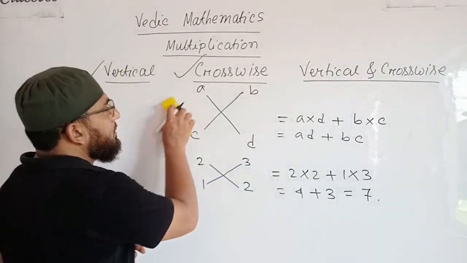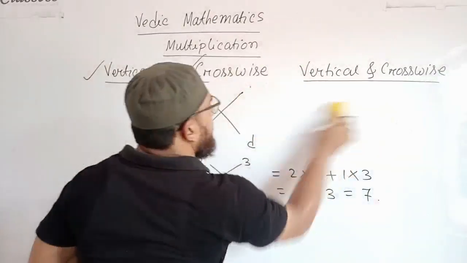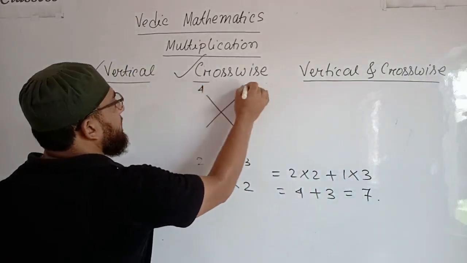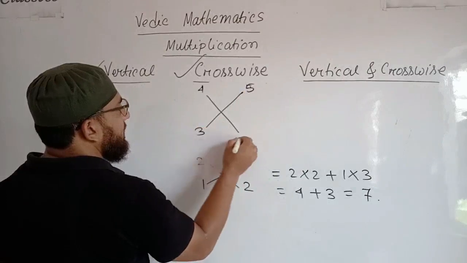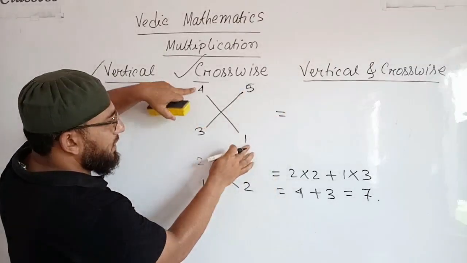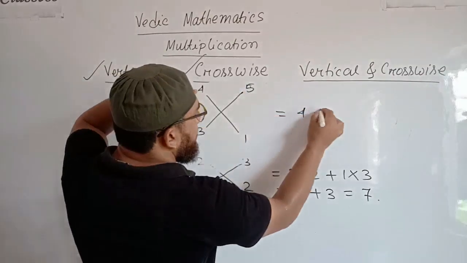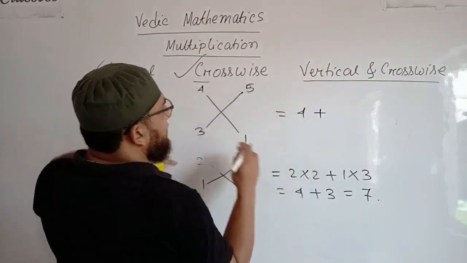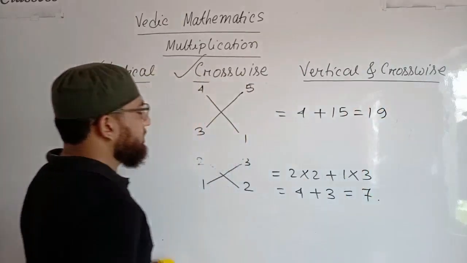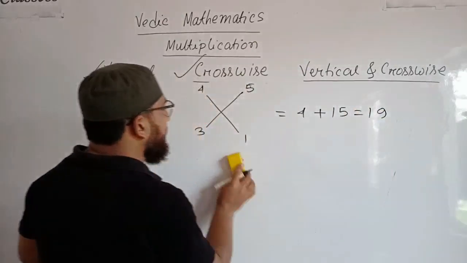Suppose you have 4, 5 and 3, 1. The crosswise multiplication is 4 plus 3 fives are 15, which gives 19.